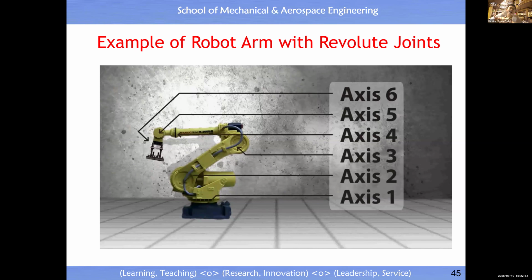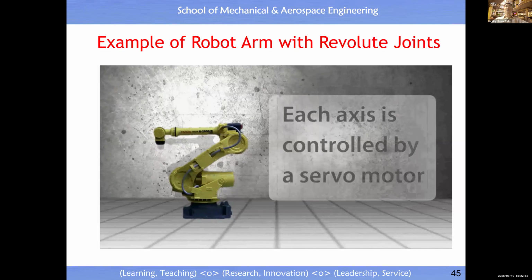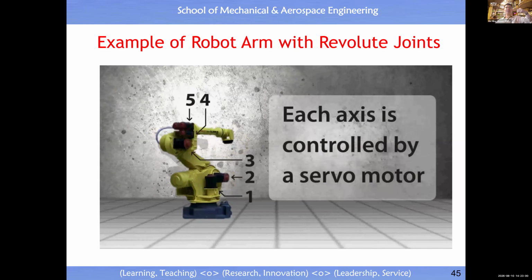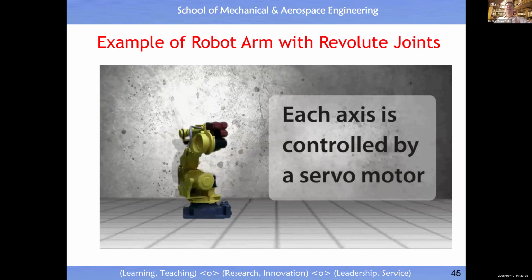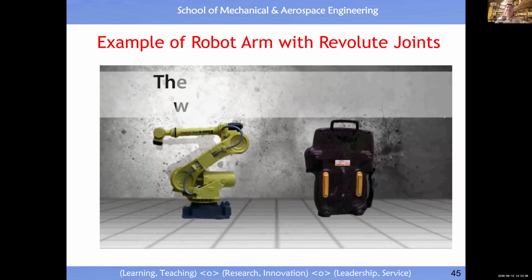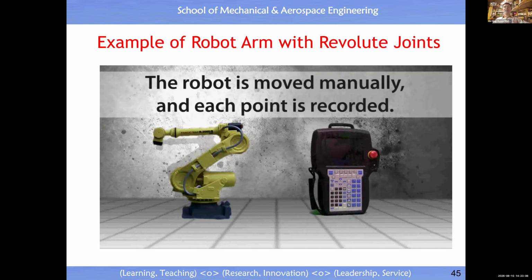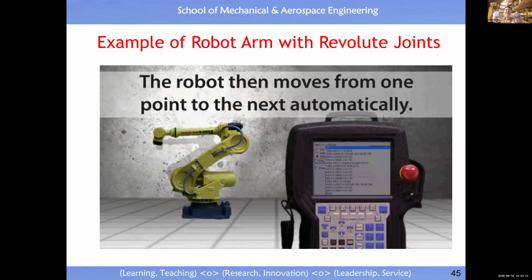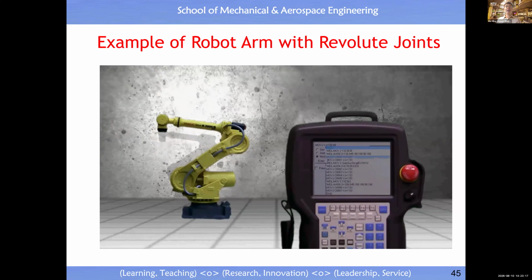Then at the end of the arm, we can attach a tool, right? The hand or tool. And for each axis, there's a motor, right? Actuation. We can inject energy. And then we have a handheld device to do the programming, right? And you see, we can write a small program which tells the robot what to do, okay?